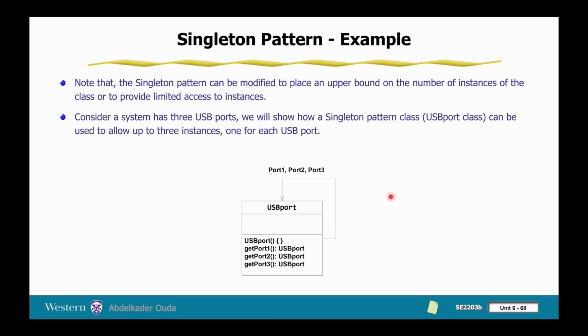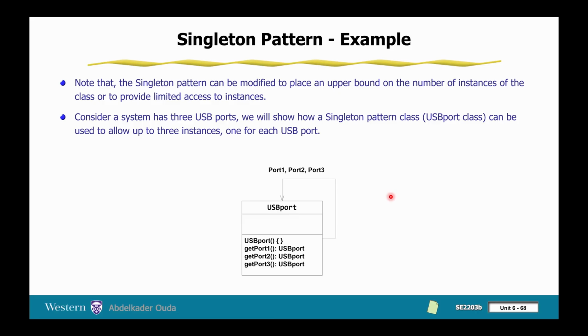Do you know that the operating system manages these ports using singleton? Since your hardware has 4 USB-C ports, the operating system needs to control these 4 and only 4, no more.